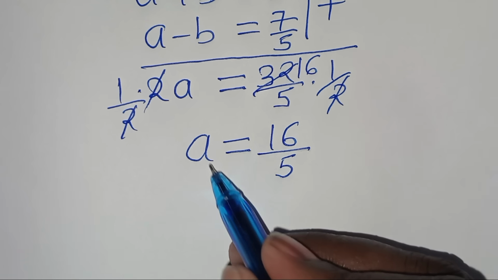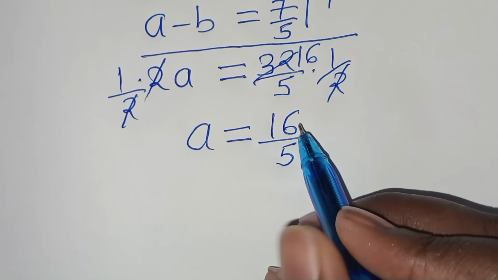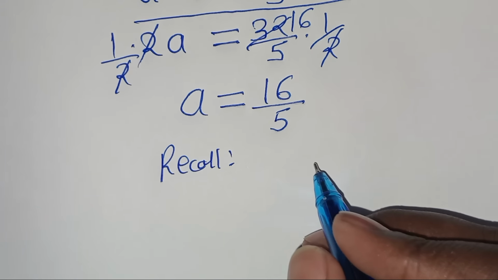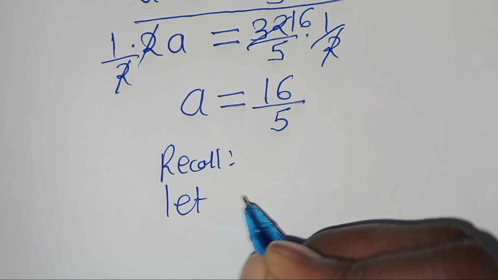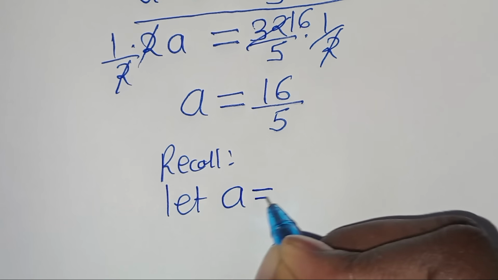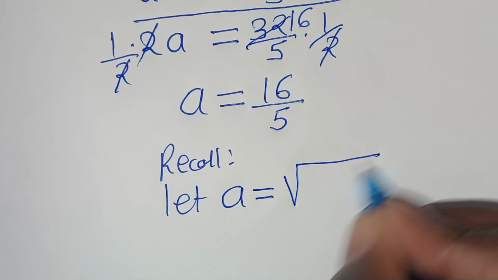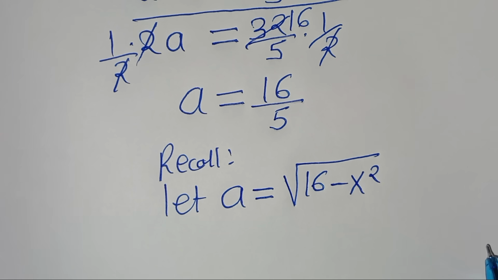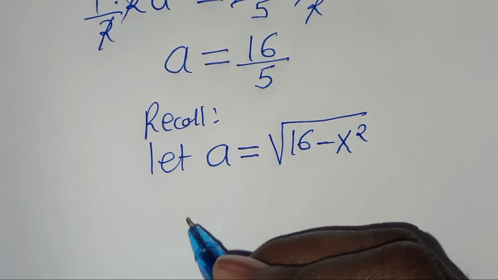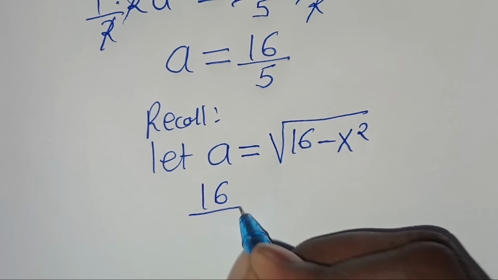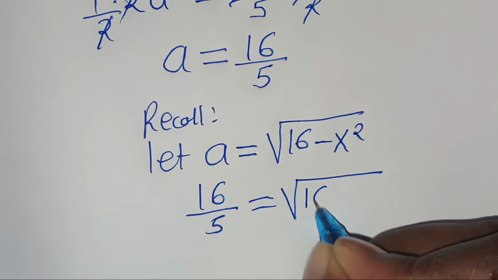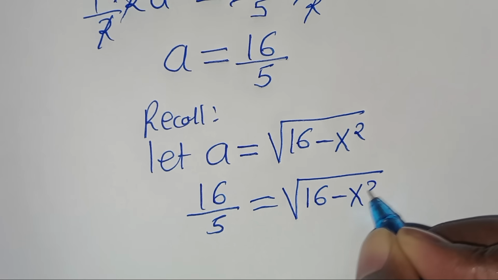Now since we have the value of a is 16 over 5, and if you recall, we let a be equal to the square root of 16 minus x to the power of 2. So we have 16 over 5 equal to the square root of 16 minus x to the power of 2.